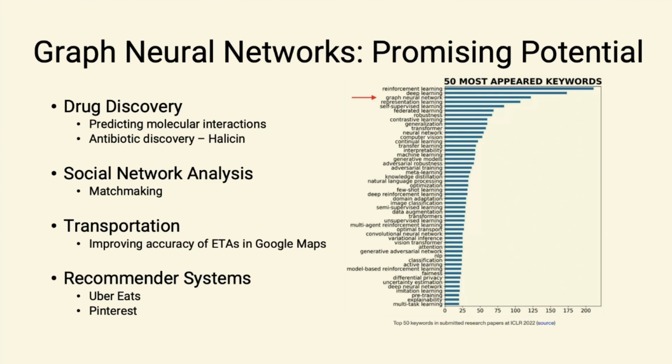And graph neural networks have also found their way into recommender systems, as you can see from engineering blogs online of Uber Eats, Pinterest, et cetera.